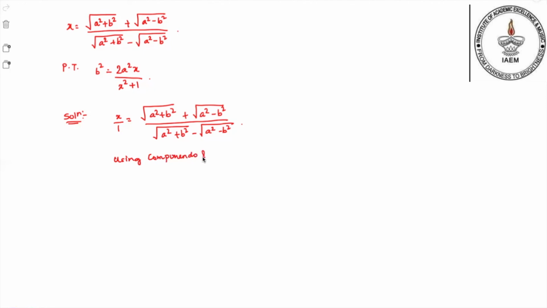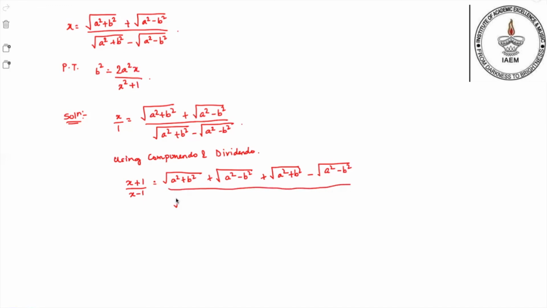Using componendo and dividendo, (x plus 1) by (x minus 1) equals root over (a square plus b square) plus root over (a square minus b square), minus root over (a square plus b square) minus root over (a square minus b square), whole divided by root over (a square plus b square) plus root over (a square minus b square) minus root over (a square plus b square) plus root over (a square minus b square).